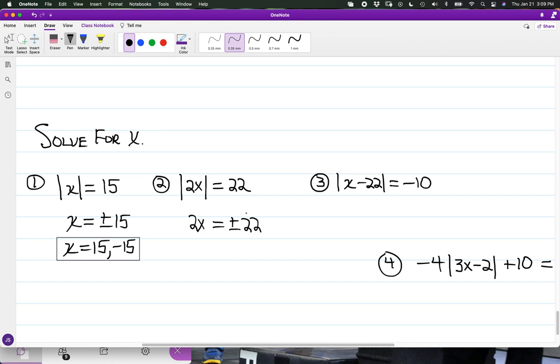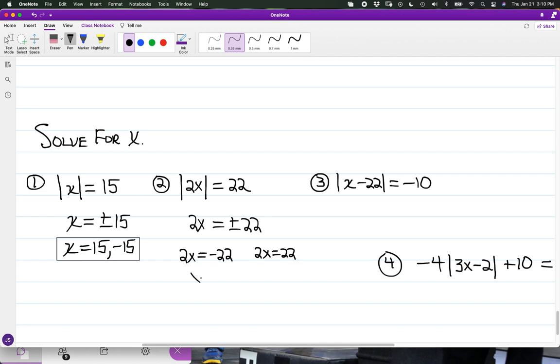So at the lower end, 2x is equal to -22, and at the upper end, 2x is equal to 22.